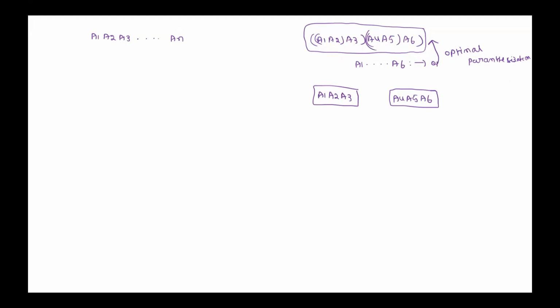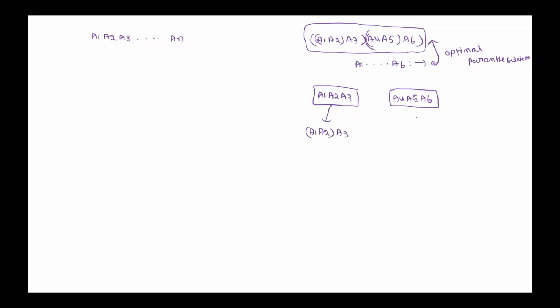Now you tell me, what is the optimal way of finding the product A1 to A3? First A1, A2, then multiply with A3. Why is it so, sir? So what you are saying is, first A1, A2 we need to multiply, then multiply with A3.